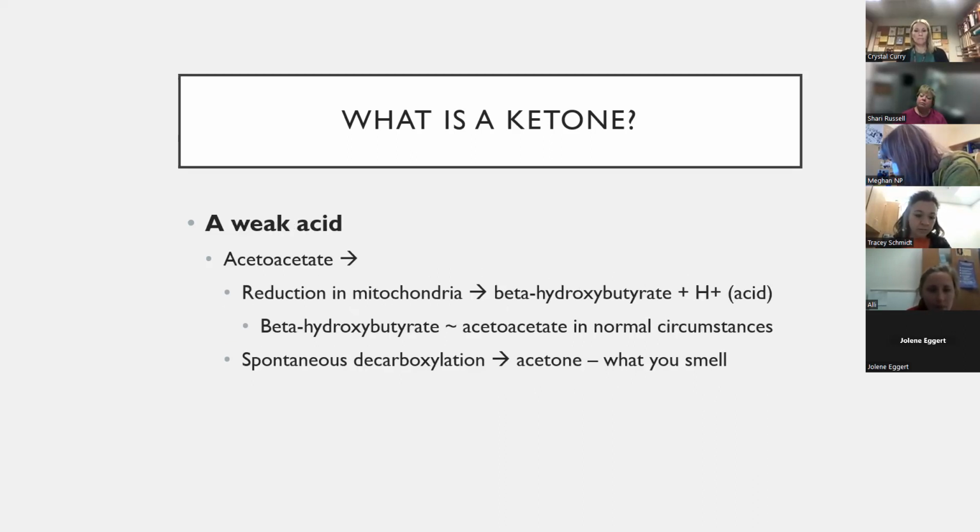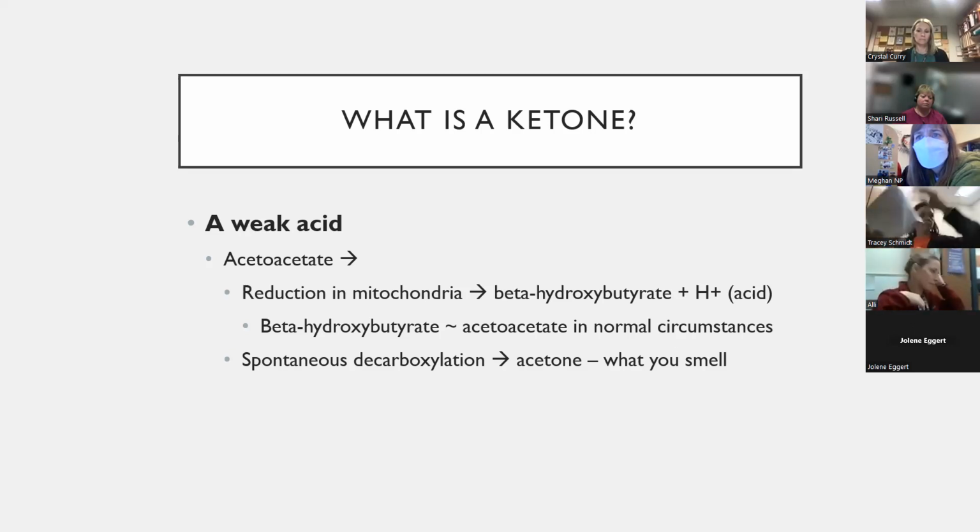It is also a weak acid. So acetoacetate will get naturally converted to beta hydroxybutyrate and a proton, which adds to the acid substrate in your body. And in normal circumstances, those two are about equal in the body.